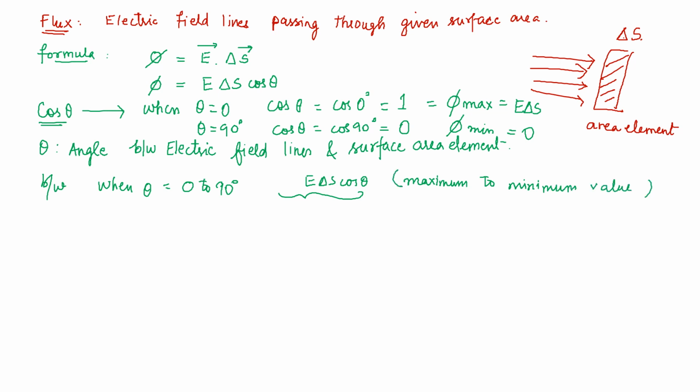Hope you understand the formula for the electric flux, and how theta is a defining property. So from here we get to know both these are vectors, and this is also a vector because it provides us direction as well as magnitude. Now, next we need to understand how we are taking the angles.